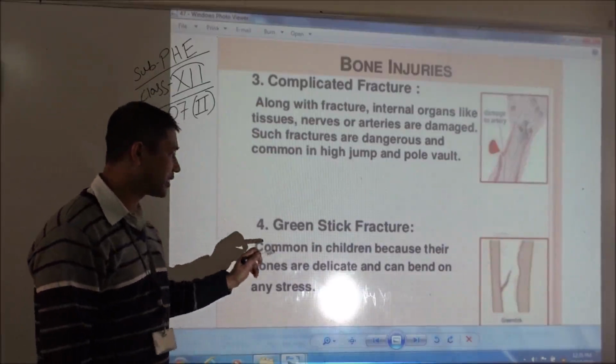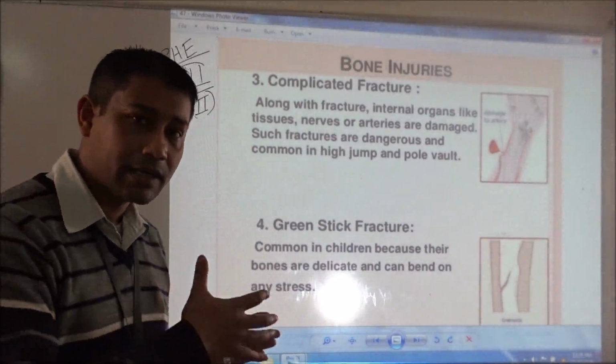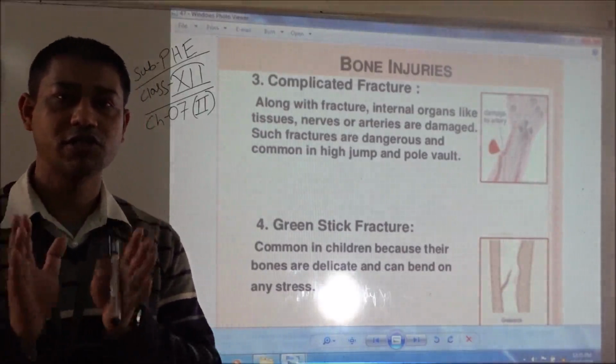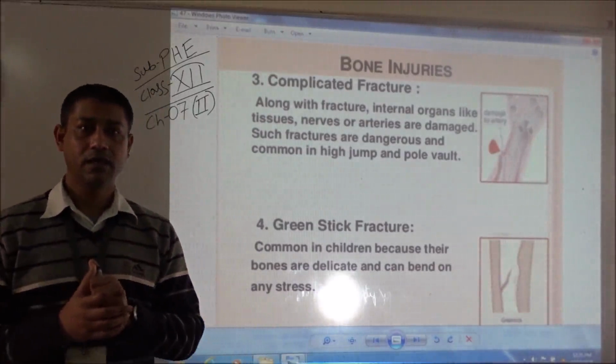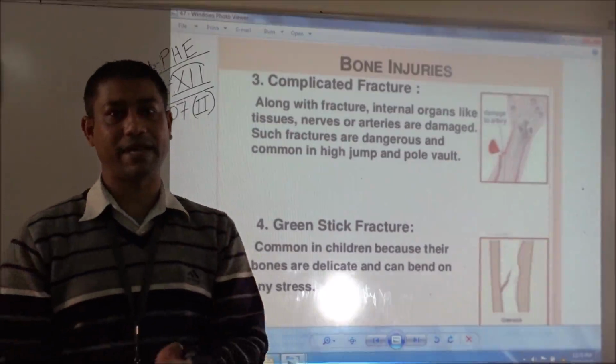The fourth one is green stick fracture. Basically, this green stick fracture occurs in small children, the kids. In their bones, there is no clear breakage.